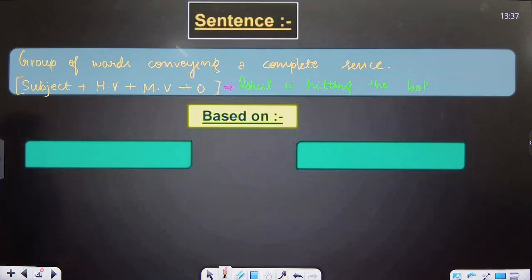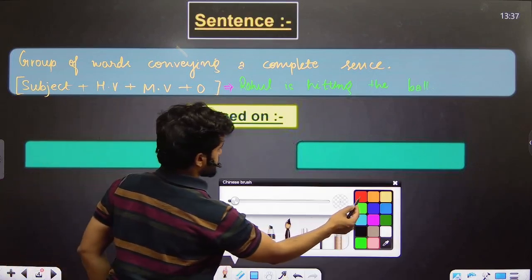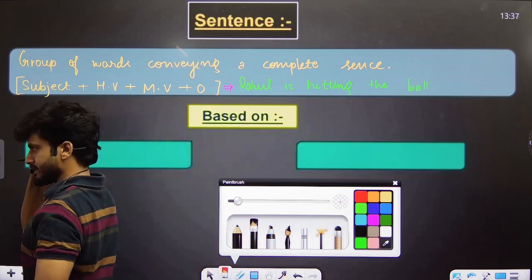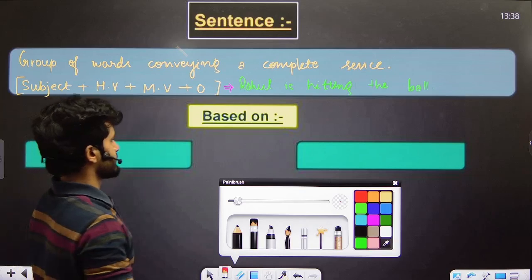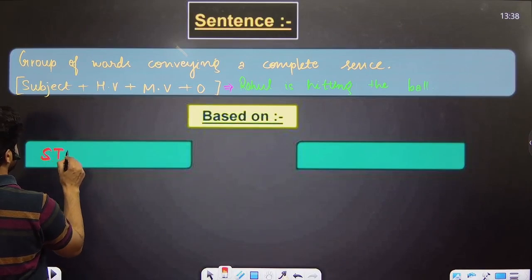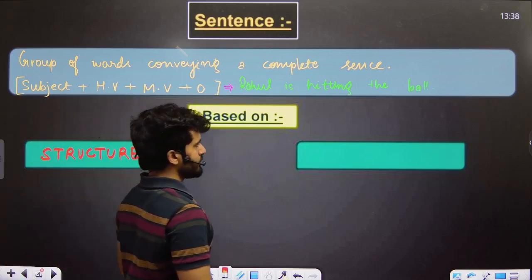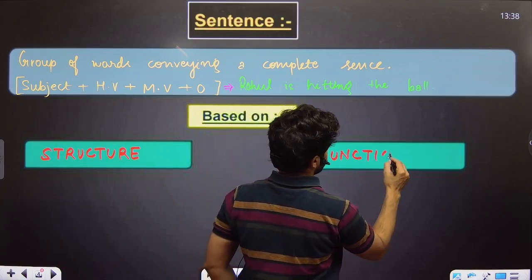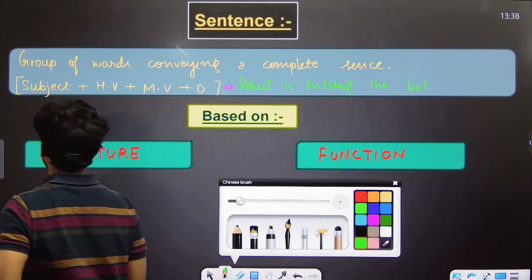Moving back to the same part. So here, based on the structure and based on the function, let's discuss the types of sentences. One is based on the function. See, based on the structure, we have four different kinds of sentences.